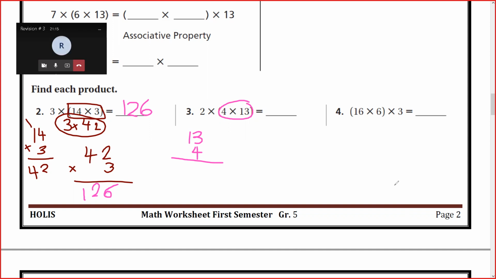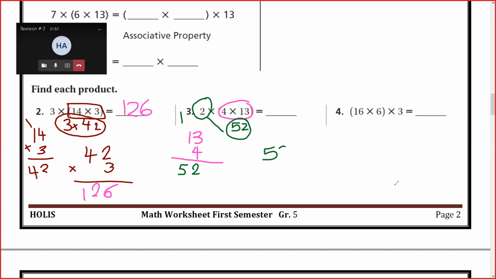Now, 3 times 4, 12. 4 times 1. 4 plus 1, 5. So here, 13 times 4 is 52. Then, after you found the product of 13 times 4, which is 52, you need now to multiply it by 2.